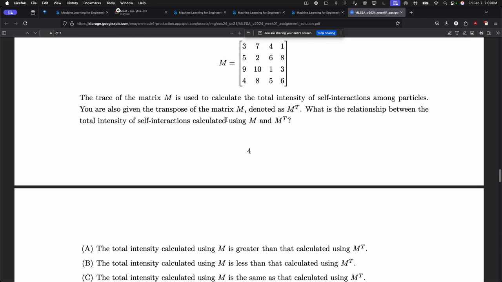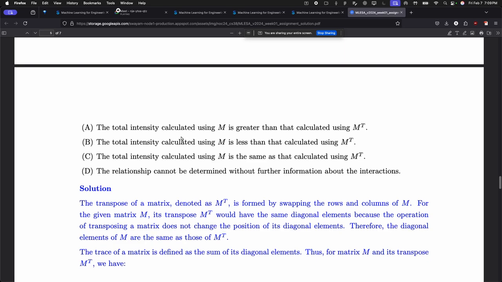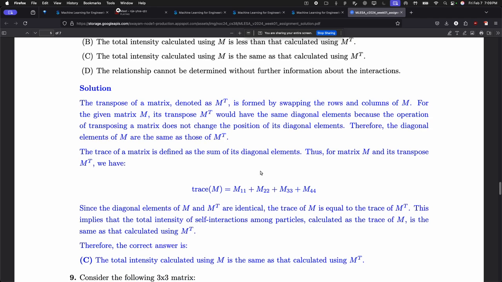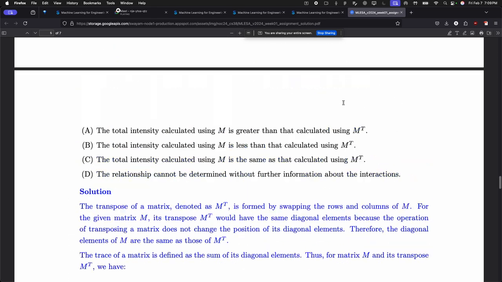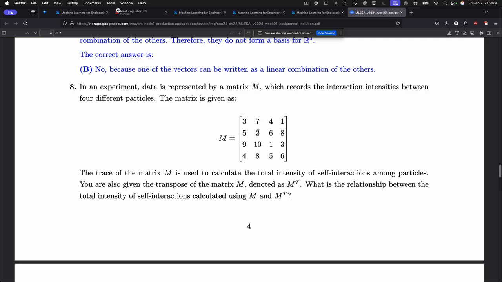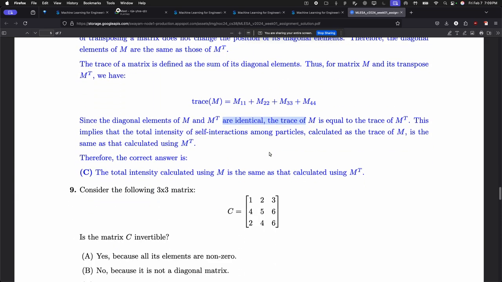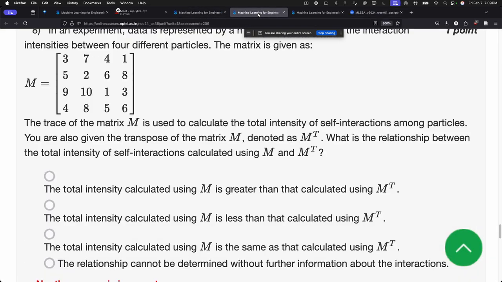So ultimately, you have to calculate the diagonal elements, which are identical: 3 2 1 6. Once you swap it, since diagonal elements of M and M transpose are identical, this implies the total intensities are the same.